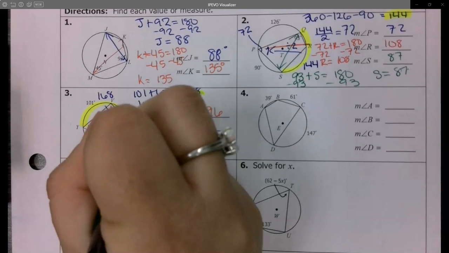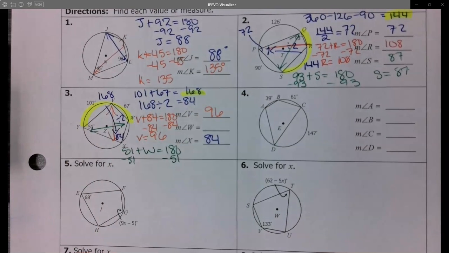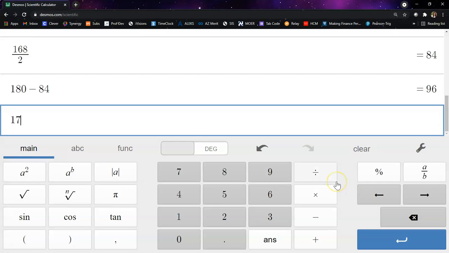Then I want to go ahead and subtract 51 from both sides. Oops, I want 180. This gets me 129.